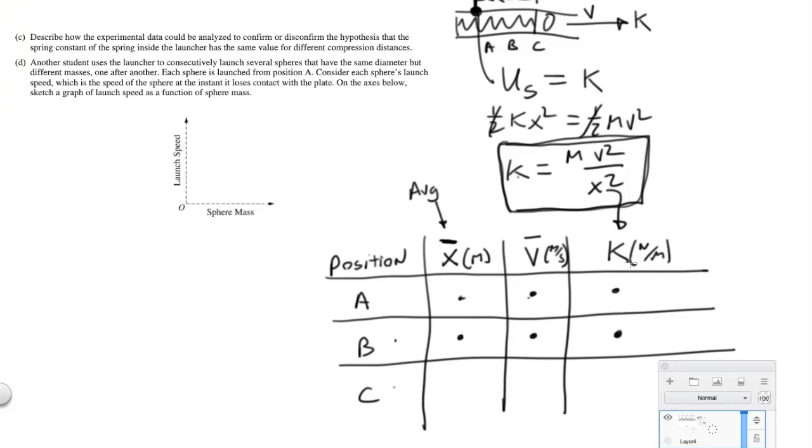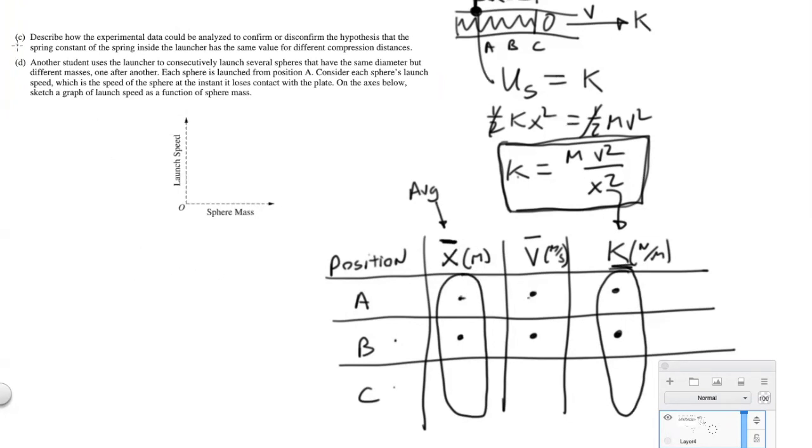And here, the answer we're looking for is if these K values remain constant as the X values change, then we know that the spring constant remains constant regardless of compression. And there's one other really cool way you could have done this.